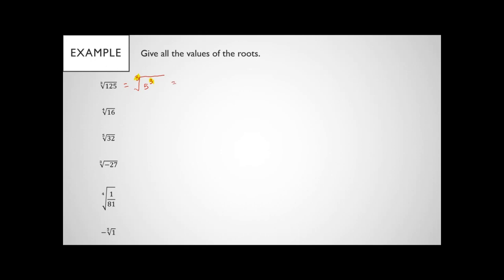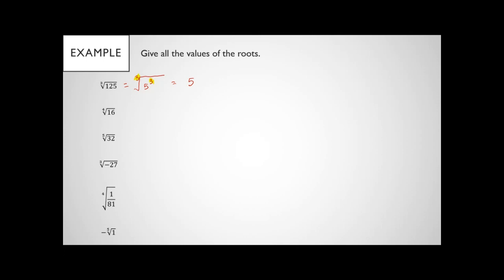The whole radical, that whole symbol, cancels out, and you're left with just the base, what's underneath the exponent, so you just get 5. I recommend for the higher roots to get into the habit of rewriting these things like this, so you can get used to the fact that these cancel out, because that's a skill that is going to come in handy if you go on to college algebra.